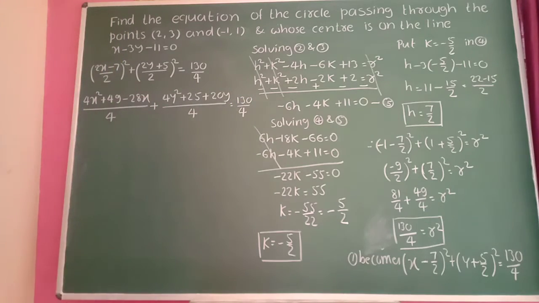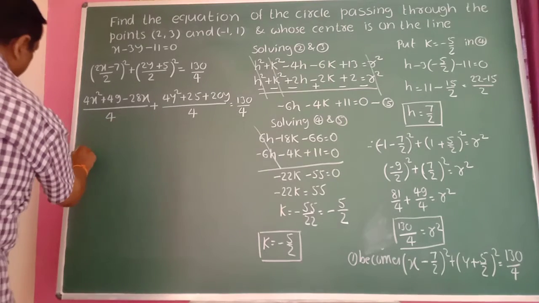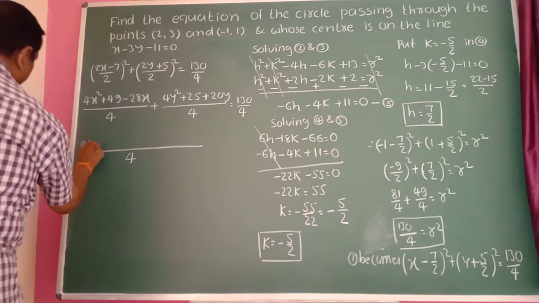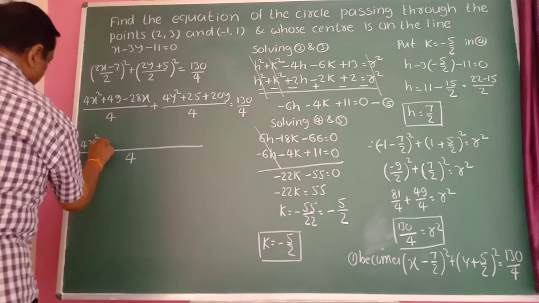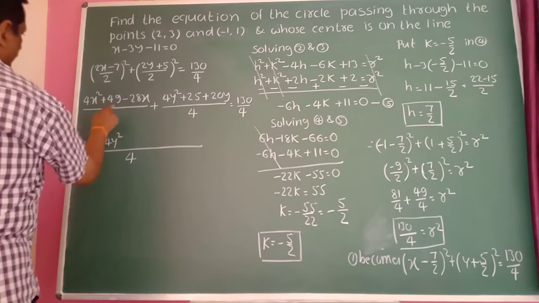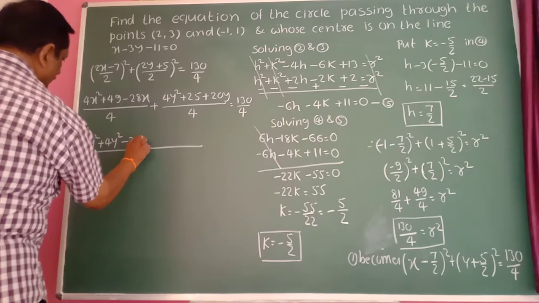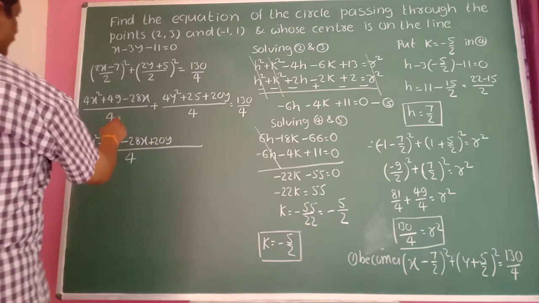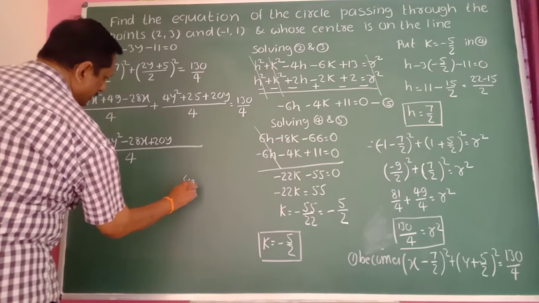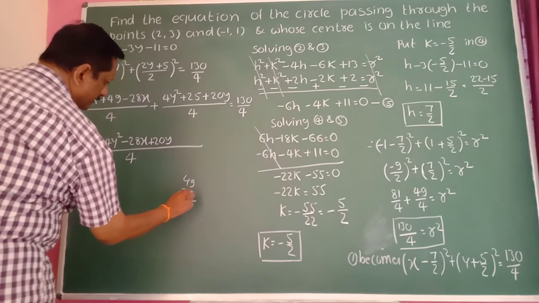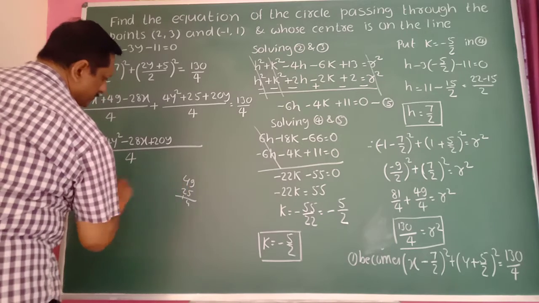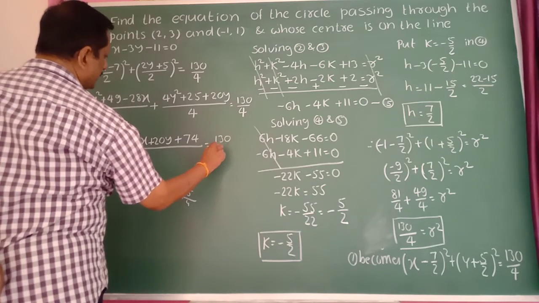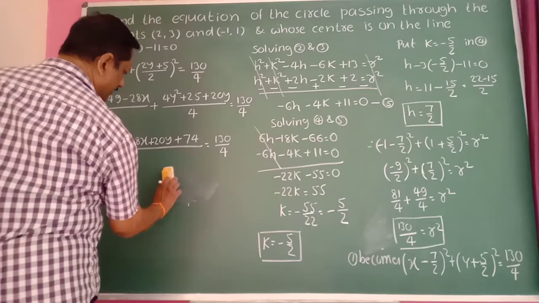With 4 as LCM, write 4x square plus 4y square minus 28x plus 20y, and 49 plus 25 is 74, plus 74, equal to 130 by 4.